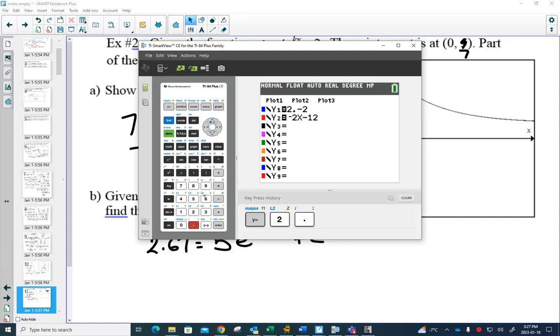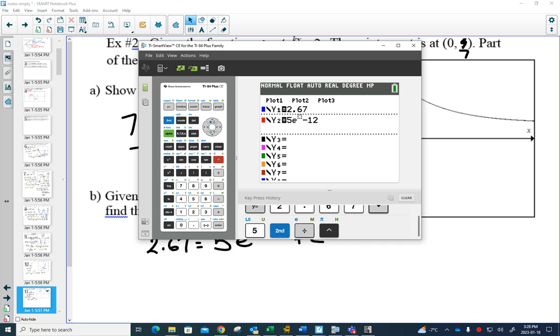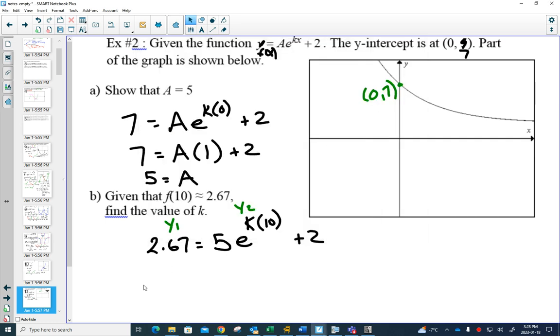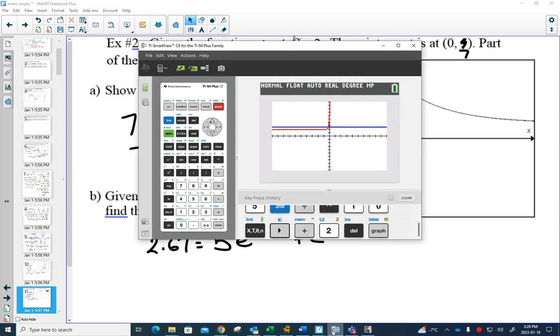And you will use this so much. Type it in right. And then second calculate, where do they intersect?